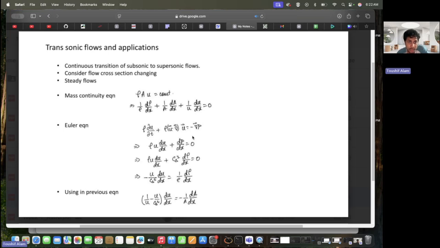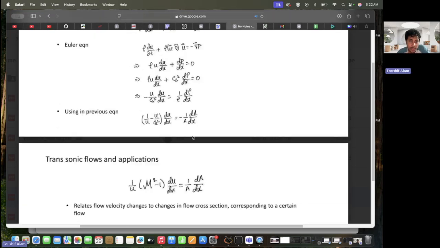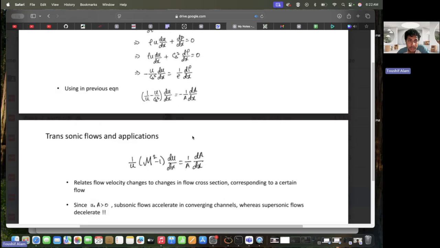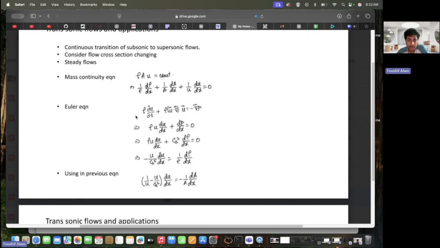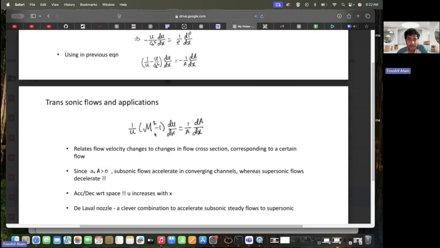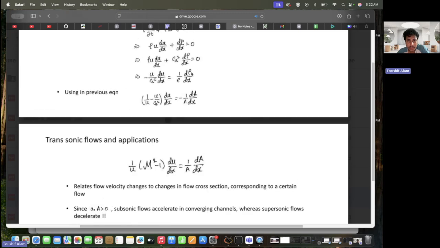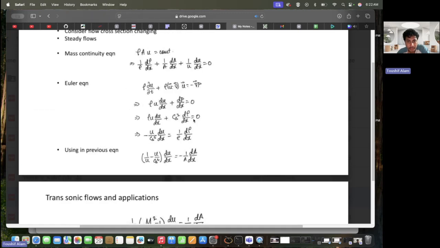The flow cross section is changing. Basically, transonic flow is a continuous transition of subsonic to supersonic flow. So with the cross section changing, the mass continuity equation and the previous equation give us this, where the area is changing, dA dx.